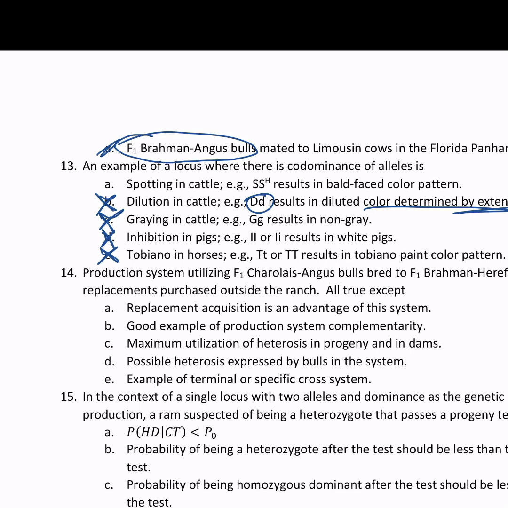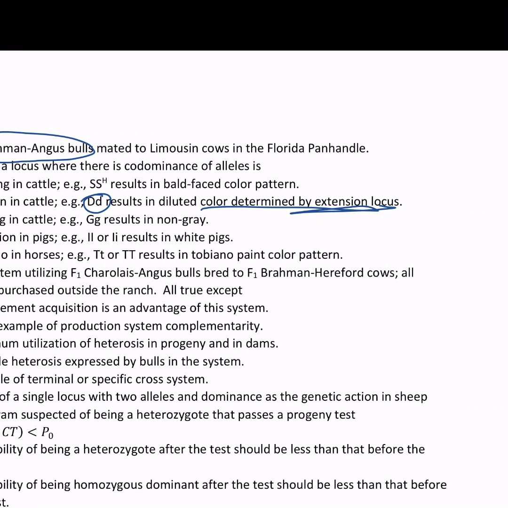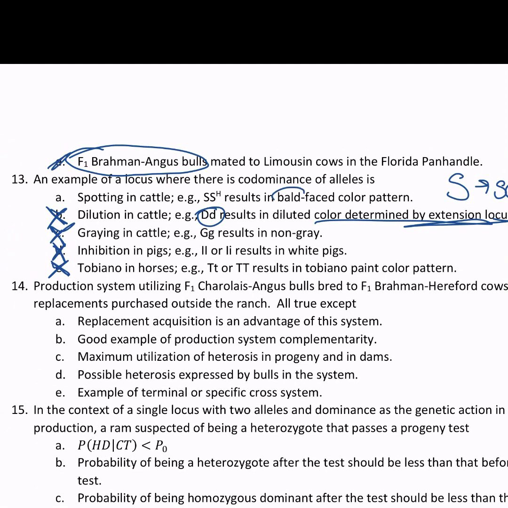But spotting in cattle, we do see codominance between the big S, which is solid, and S superscript H, which when it's homozygous or with a little s, is a full Hereford pattern. When those two alleles are together, we get a bald-faced color pattern.